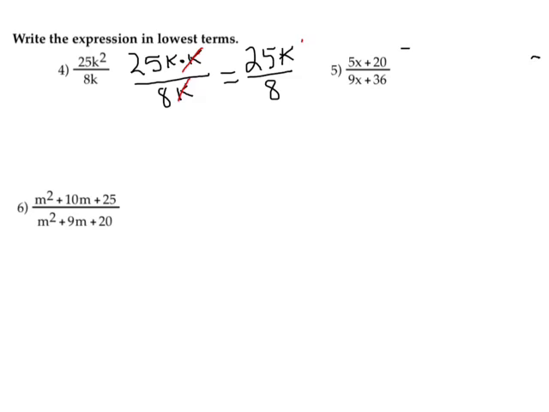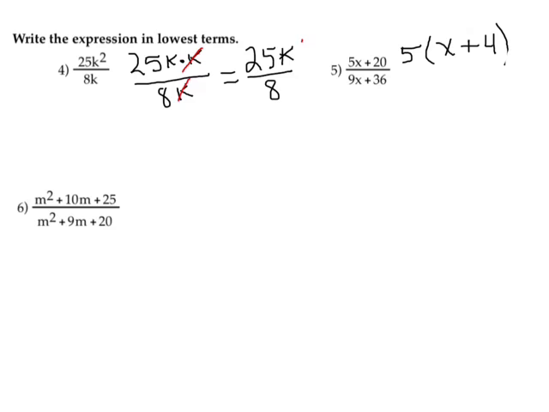So let's write out a 5 here. 5 times what would give me 5x? An x by itself. And 5 times what will give me 20? 5 times 4 is 20. So I factored out my GCF, which is 5.